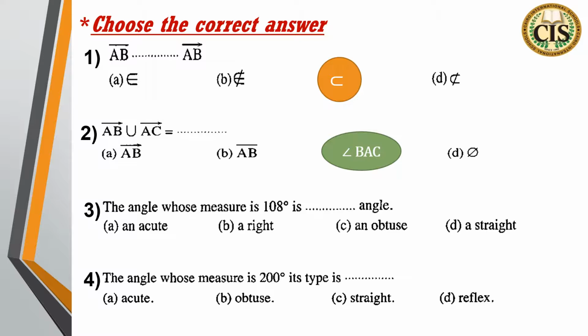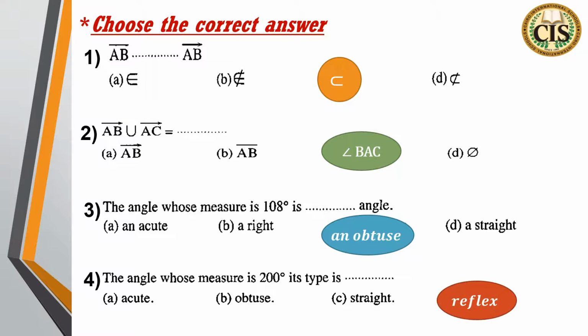Angle BAC. The angle whose measure is 108 is an obtuse angle. The angle whose measure is 200 degrees: its type is, since it is more than 180, a reflex angle.